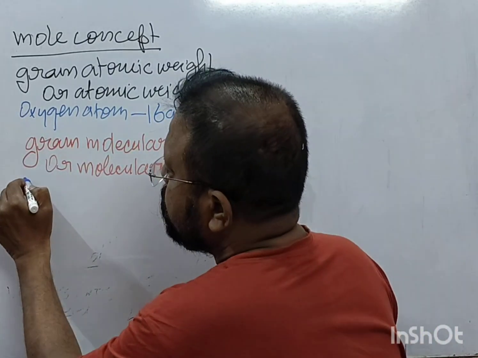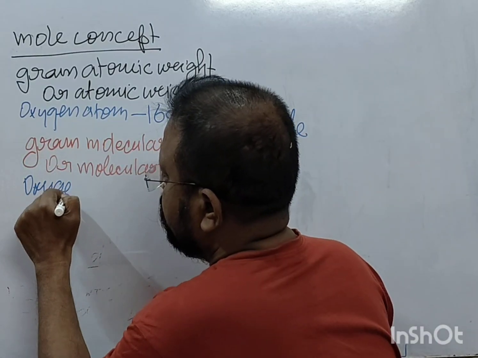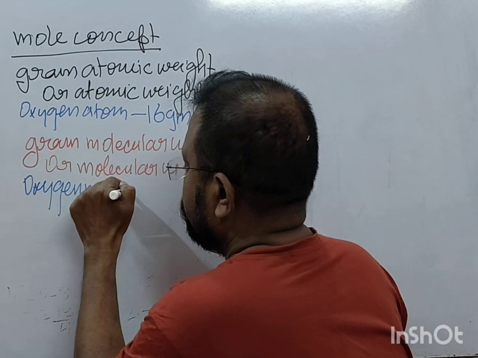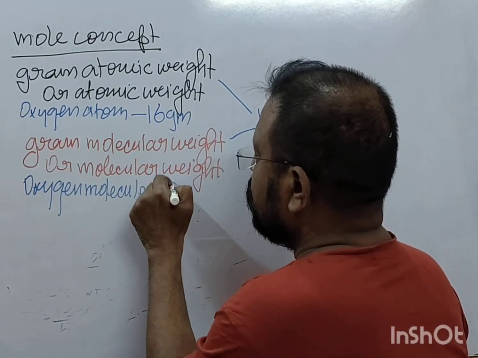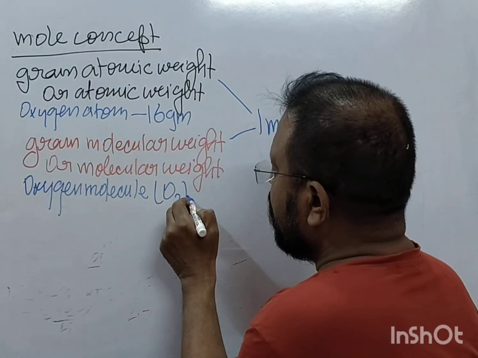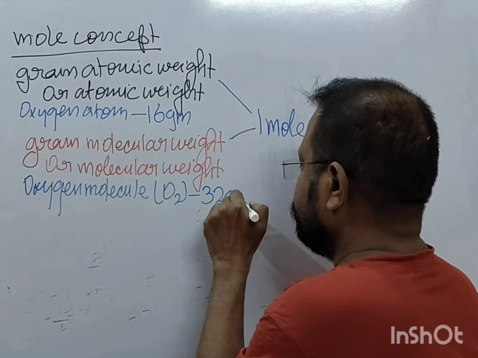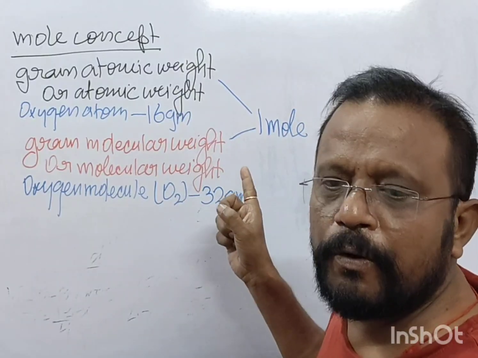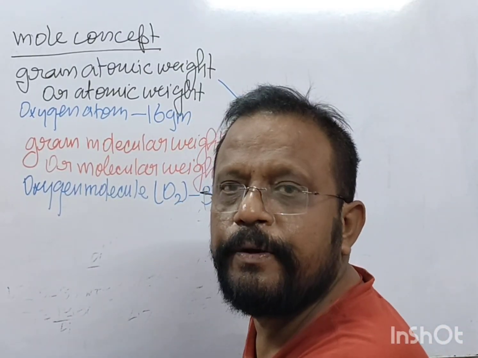And if we take oxygen molecule, that is O2, right? You get 32 gram. That is equal to 1 mole, right?